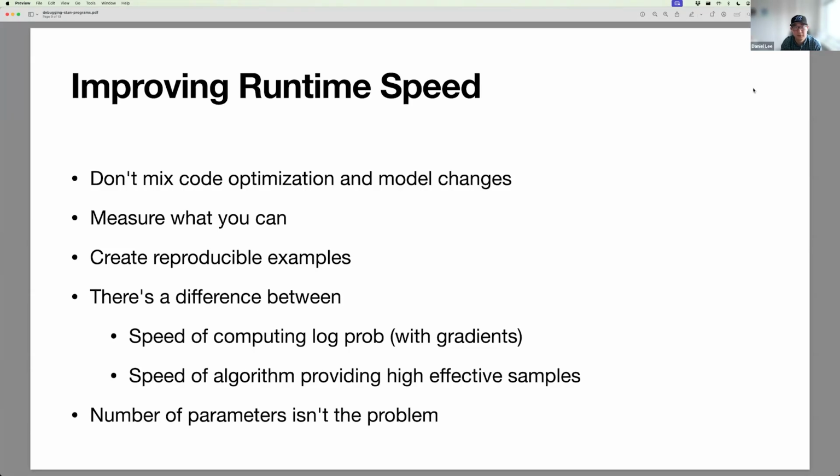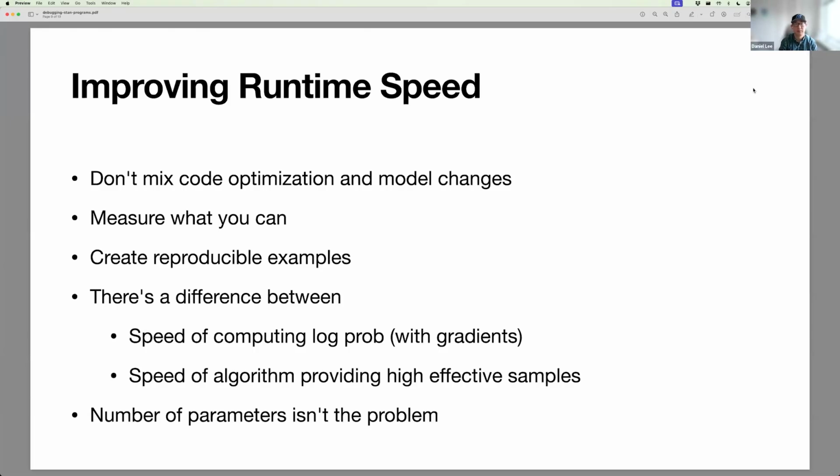They're two different things, and you want to know whether your code optimization in the Stan programming actually affects the model or not. You want to measure what you can. So before going and altering Stan programs, which are often hundreds of lines long, you want to know where the bottlenecks are. So we'll talk about profiling.